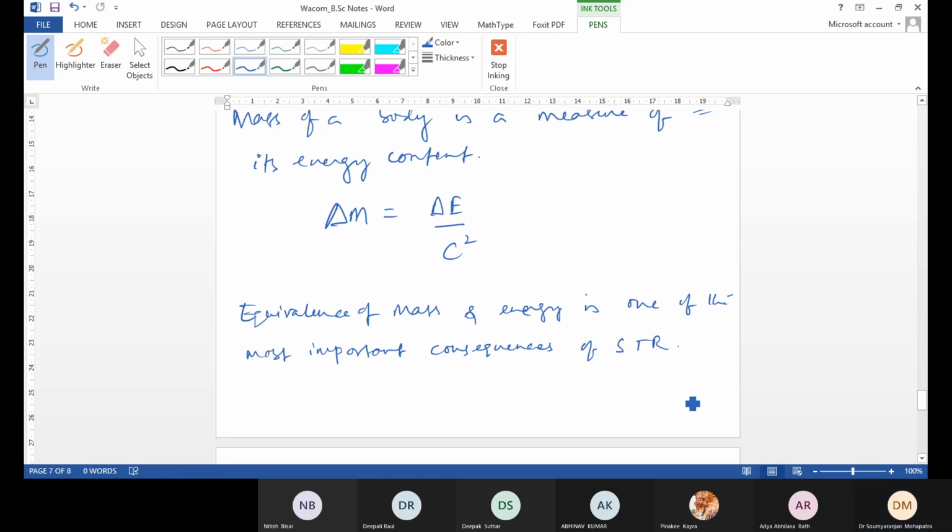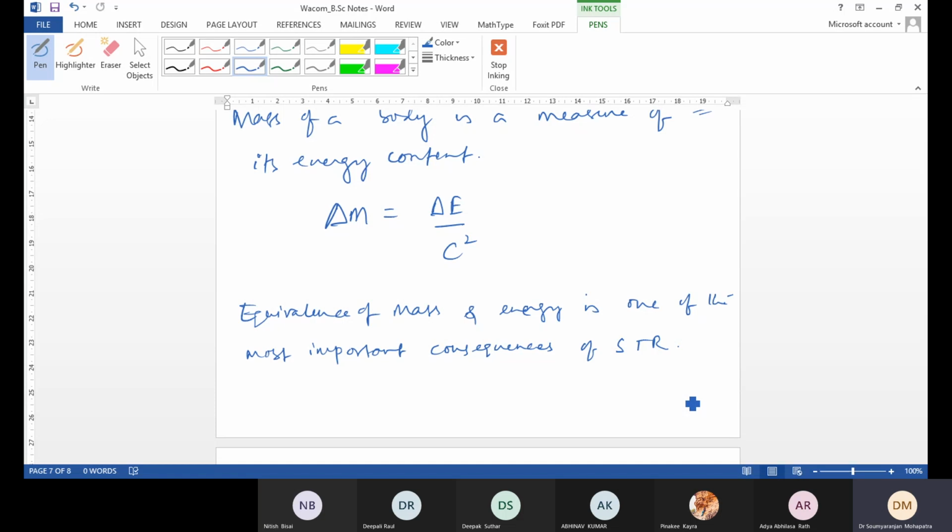And mass energy equivalence also satisfies the conservation principle. That is, the total mass of the system will be automatically conserved, and if it is conserved, then it implies that energy will also be conserved. So this is the relation of mass energy equivalence.